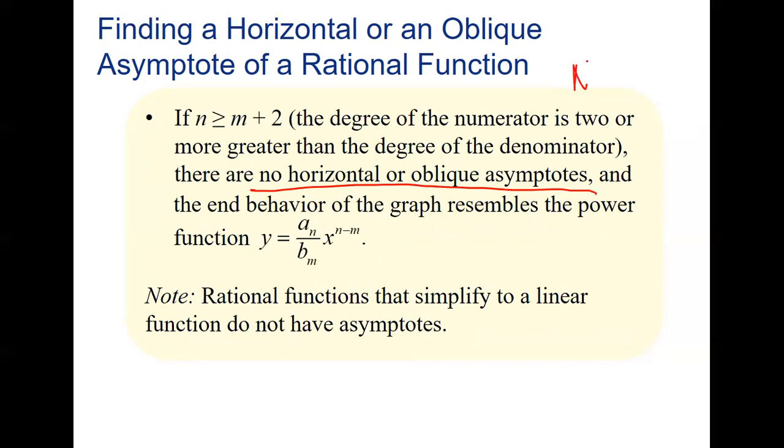So basically, if n is greater than d plus 2, then there are no horizontal or oblique asymptotes. Before you even get started, if you end up factoring and reducing and you end up with a linear, then they do not have any asymptotes. You more than likely just have holes in your graph.